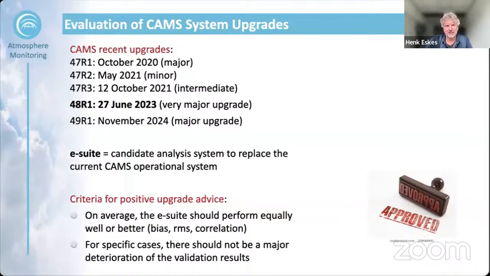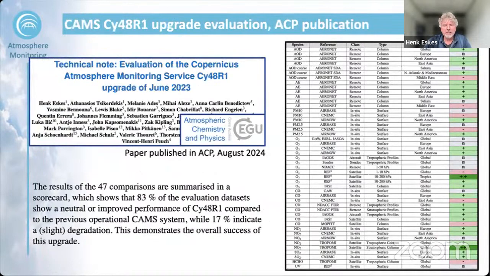So basically, those are criteria that we use, and also provide an advice on whether or not this is a useful upgrade. So the last one was a very major upgrade because it was collecting a couple of years of development work within CAMS, and lots of things changed in the CAMS system, the modeling and the data simulation.